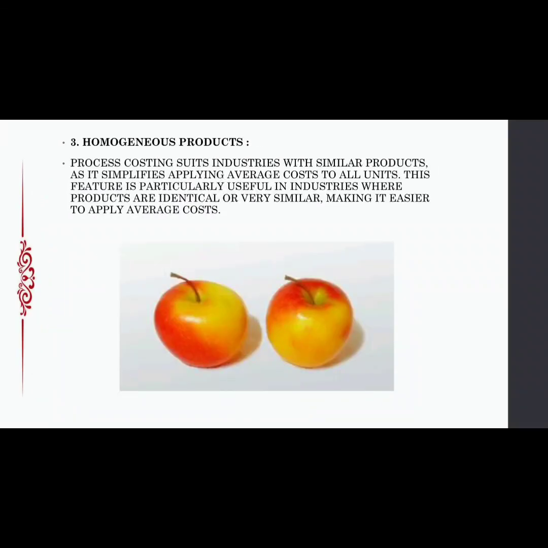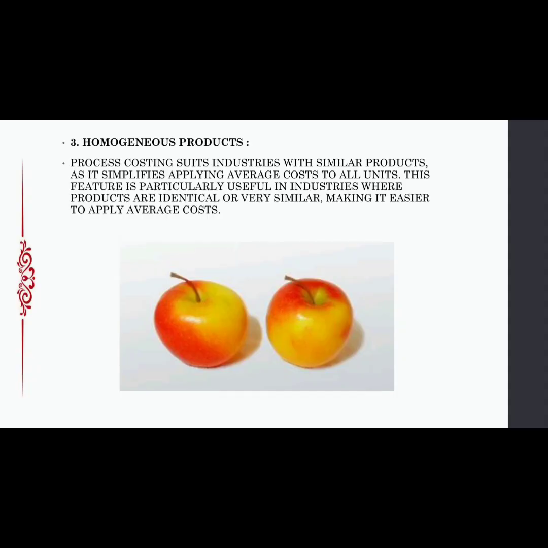And the third is homogeneous products. Process costing suits industries with similar products as it simplifies applying average cost to all units. This feature is particularly useful in industries where products are identical or very similar, making it easier to apply average cost. In the example image, two apple images are similar.